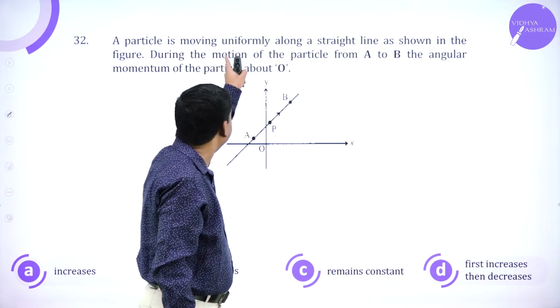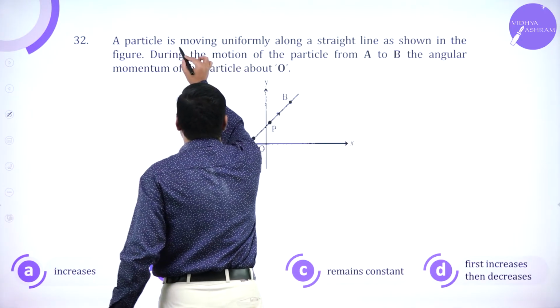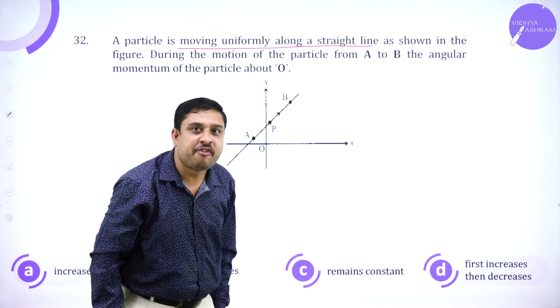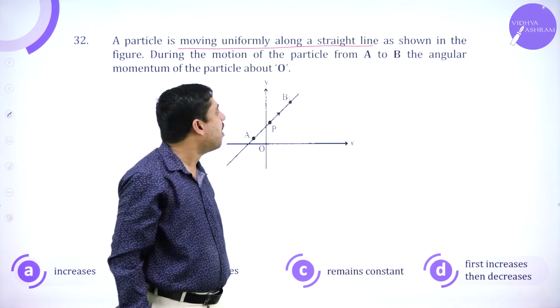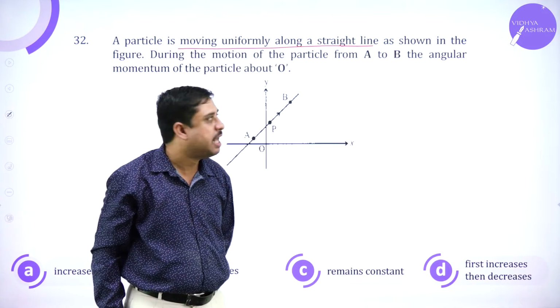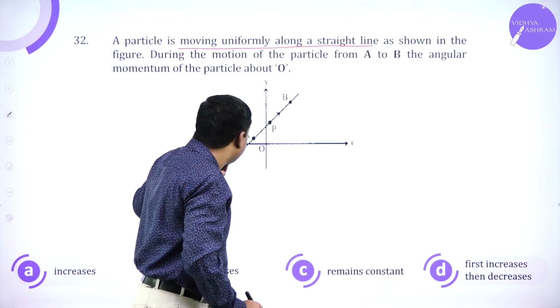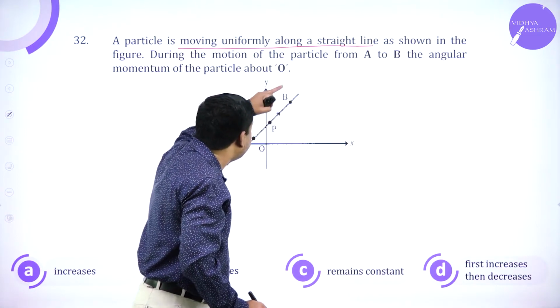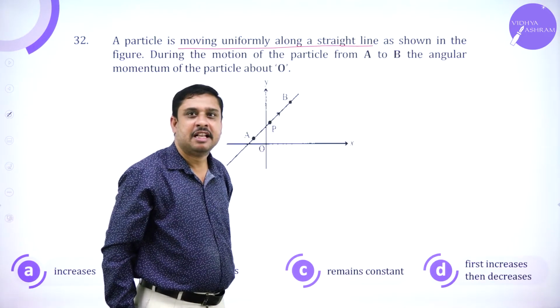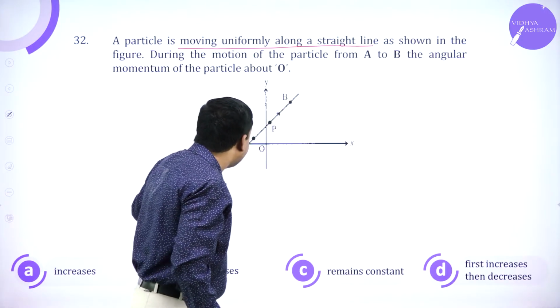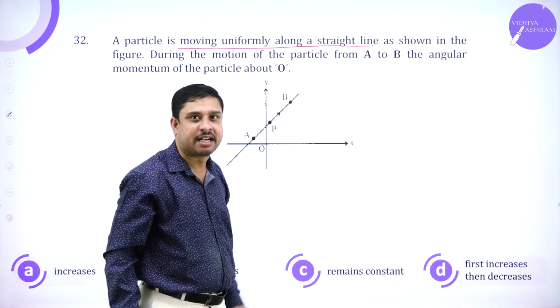A particle is moving uniformly along a straight line as shown in the figure. So along A, P, B, the particle is moving along a straight line.